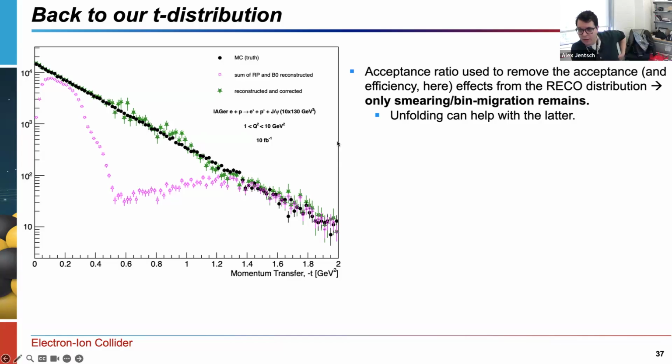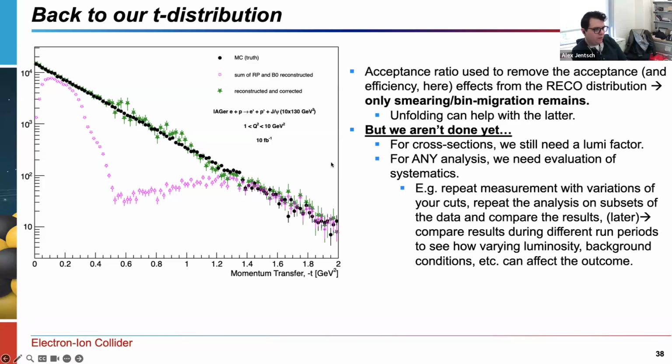An unfolding is able to characterize the full response that you have from measuring something using a simulation. Then you can build an unfolding matrix that can be used to correct also for the bin migration. It will add systematic uncertainty, of course, because there are good and bad ways to do this. But those smearing and bin migration effects will be the leftover parts that could potentially affect your slope, for example, if you try to fit this distribution.